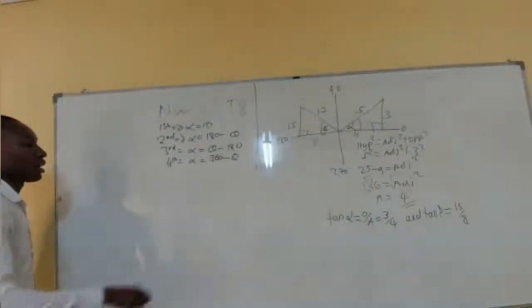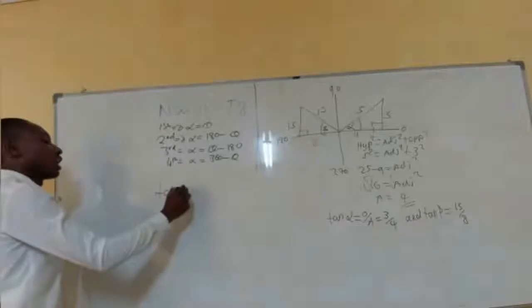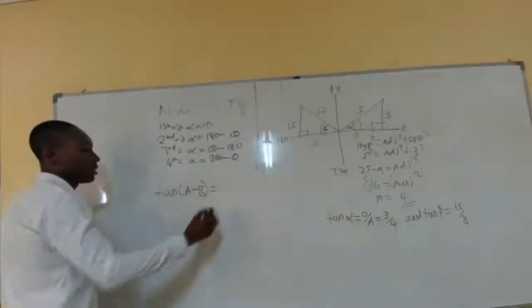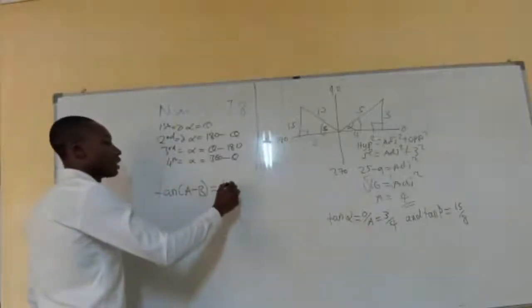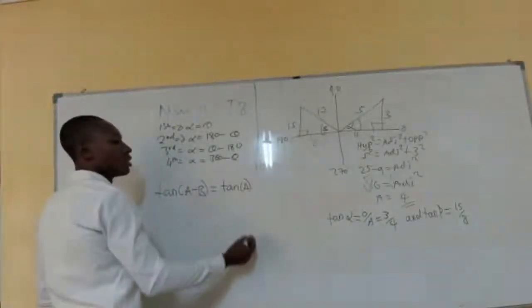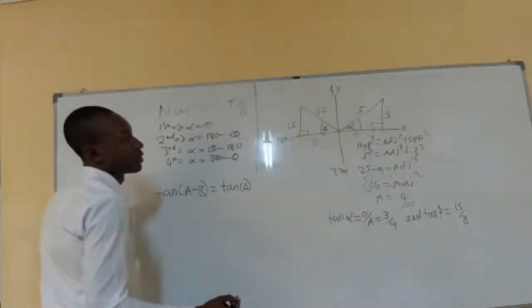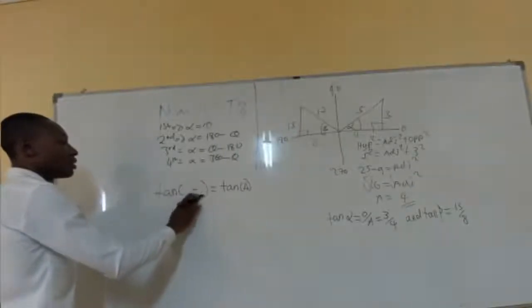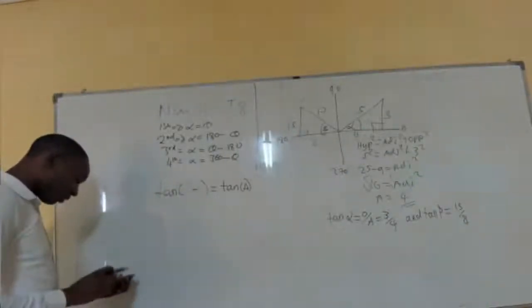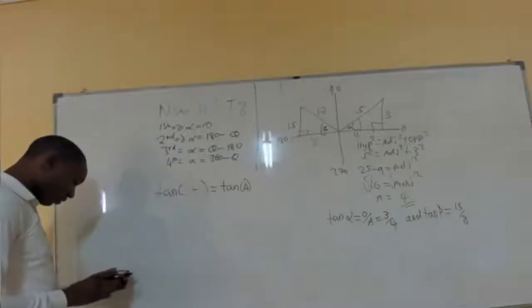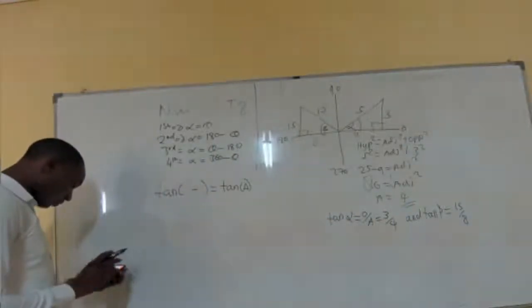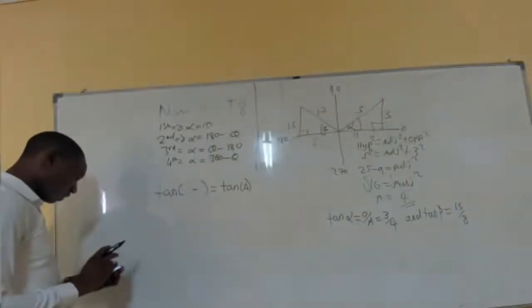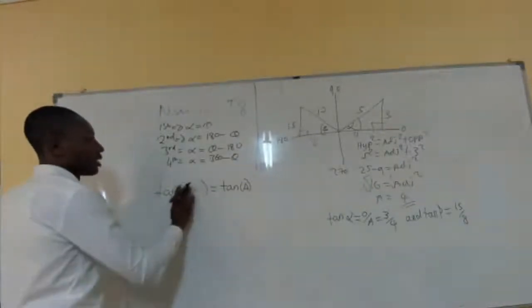So the question we have is tan A minus B, which is tan alpha minus beta.